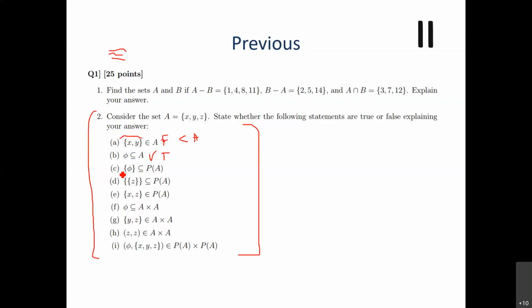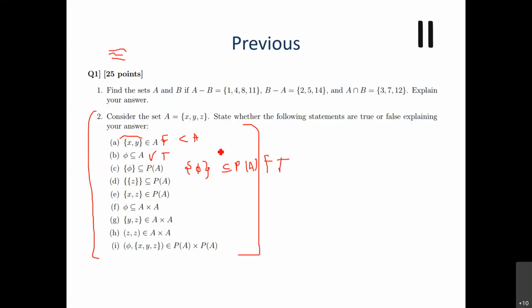Part C: is the set containing phi a subset of the power set of A? No, this is false. Because what does this mean? Actually, I'm not sure if it's false or true. Let's see what this means and then we'll decide.